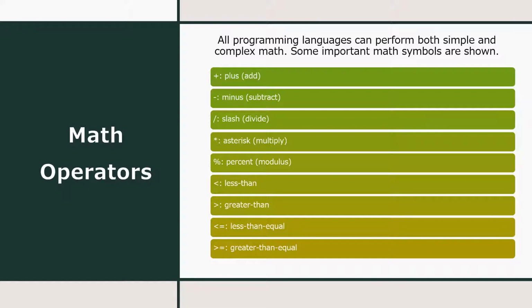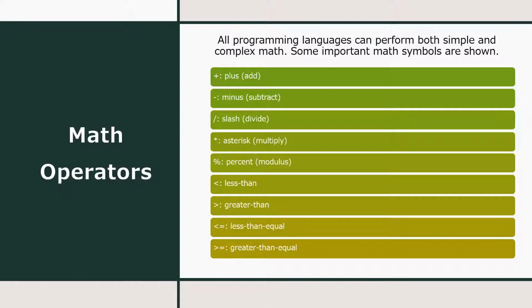This tells you what operation you're going to be performing. So if you have 5 plus 3, the operator there is the plus. That tells you to take 5 and then add 3 to it, right? So math operators are an extremely important concept in computer science and math in general.